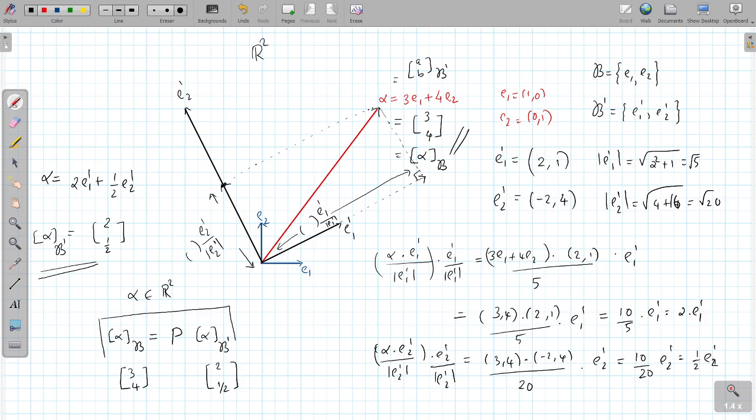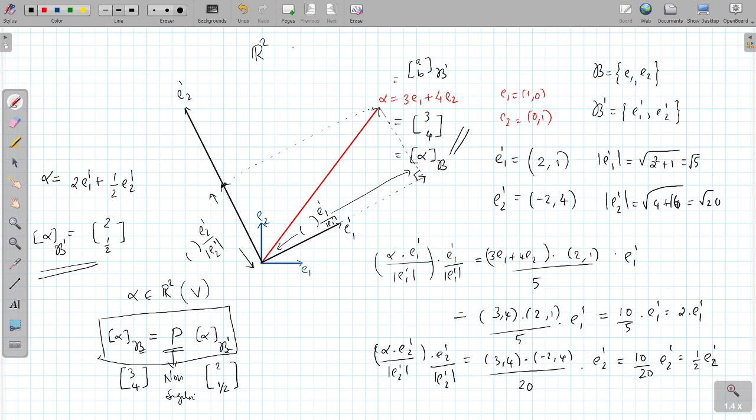For any alpha, not only in R2, this is for any vector space V. We are given two different bases, then there are two different coordinates corresponding to a single alpha, and those coordinates can be connected through a matrix called P. This P is not only a matrix, it is a non-singular matrix.